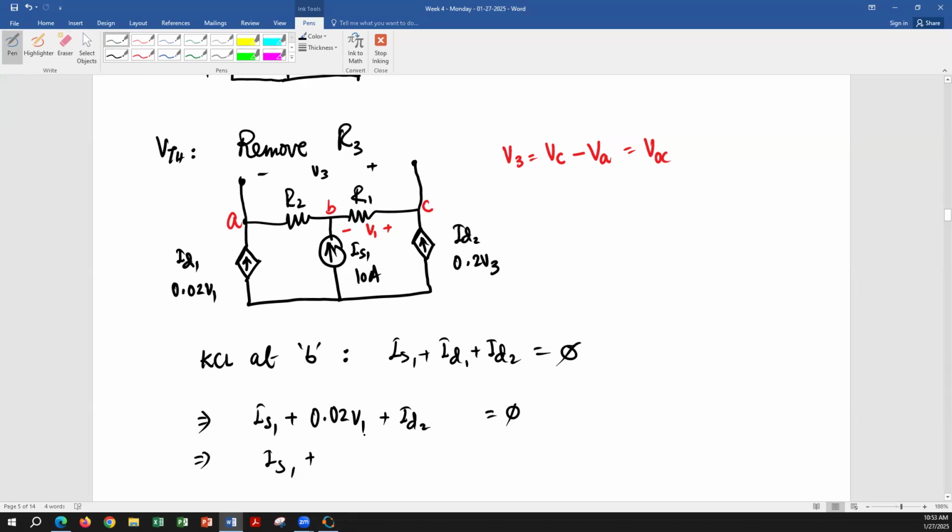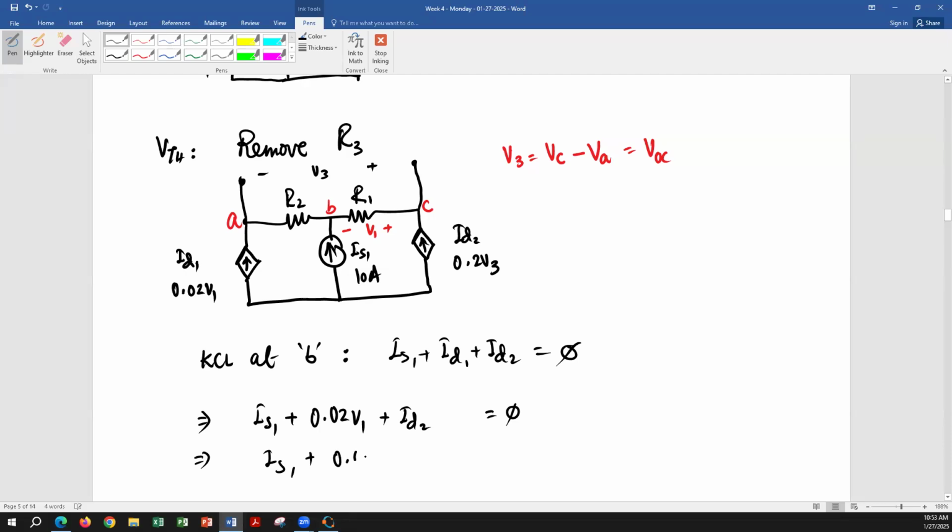So 0.02 V1, and V1 is what? ID2 times R1, right? Because ID2 is going through this resistor R1. So ID2 times R1 is V1. So we can write everything in terms of ID2 and find ID2 first, and then we can find other things.